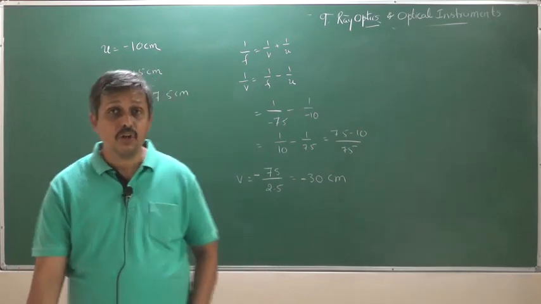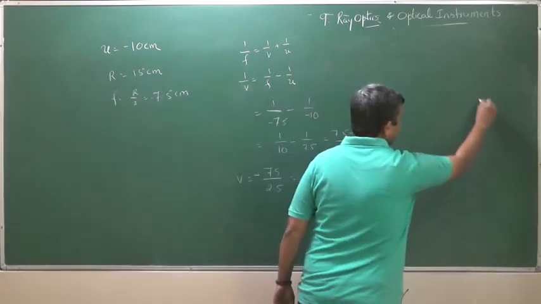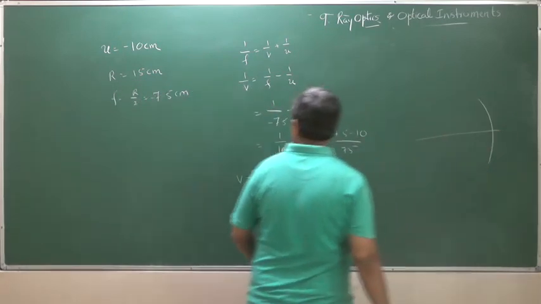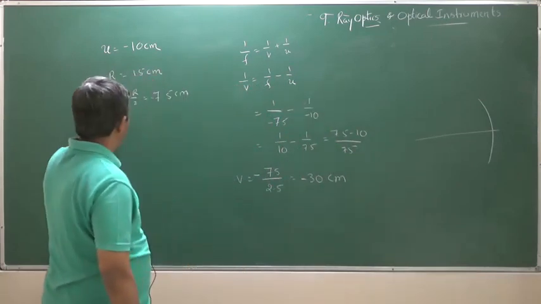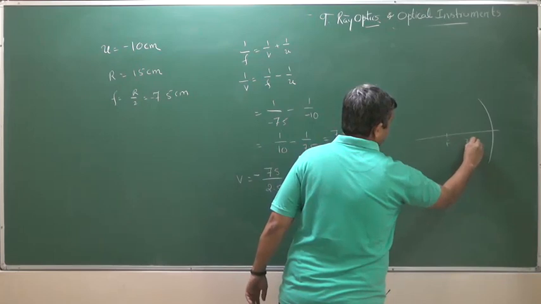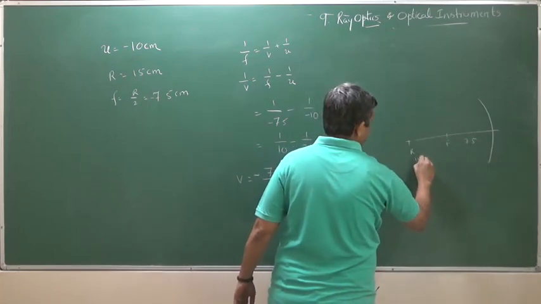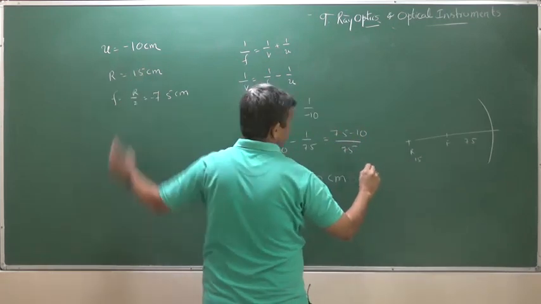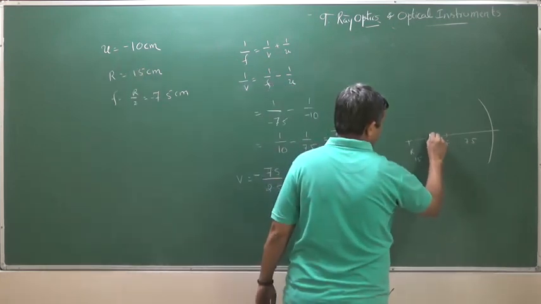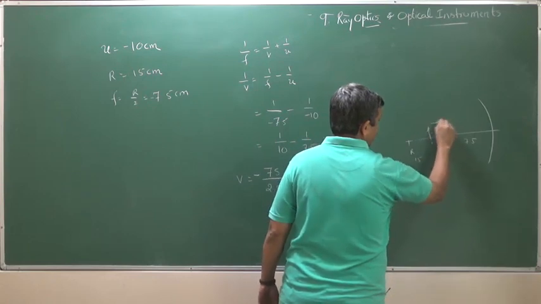That means you got a negative 30 centimeters. If you keep a mirror like this, look at this, f is 7.5 and 15 is r. Here u is minus 10, so you are keeping the object somewhere here.